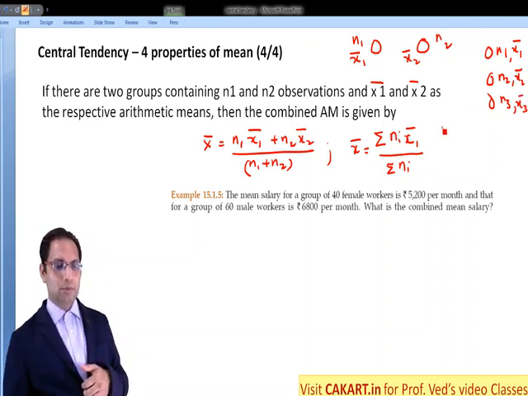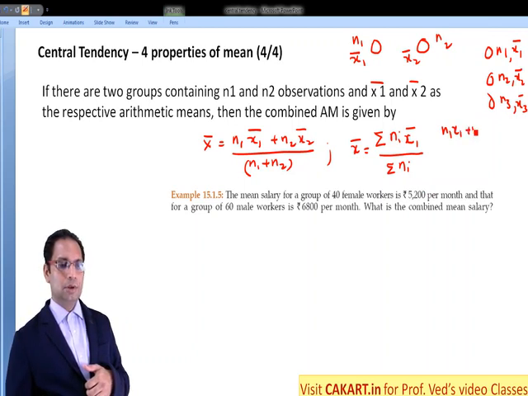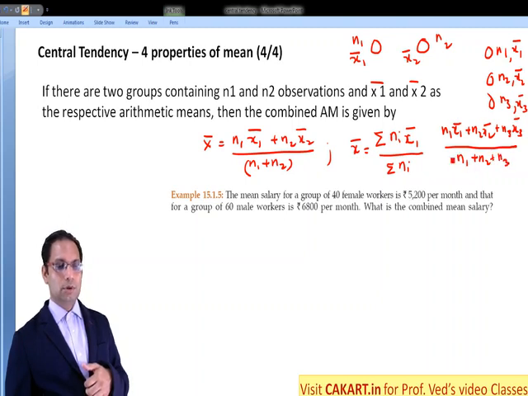That can be found out by saying n1 x1 bar plus n2 x2 bar plus n3 x3 bar divided by the total number of observations. Now this whole thing can be represented like this. If there are multiple groups, you can say summation of ni xi bar divided by summation of all ni's.